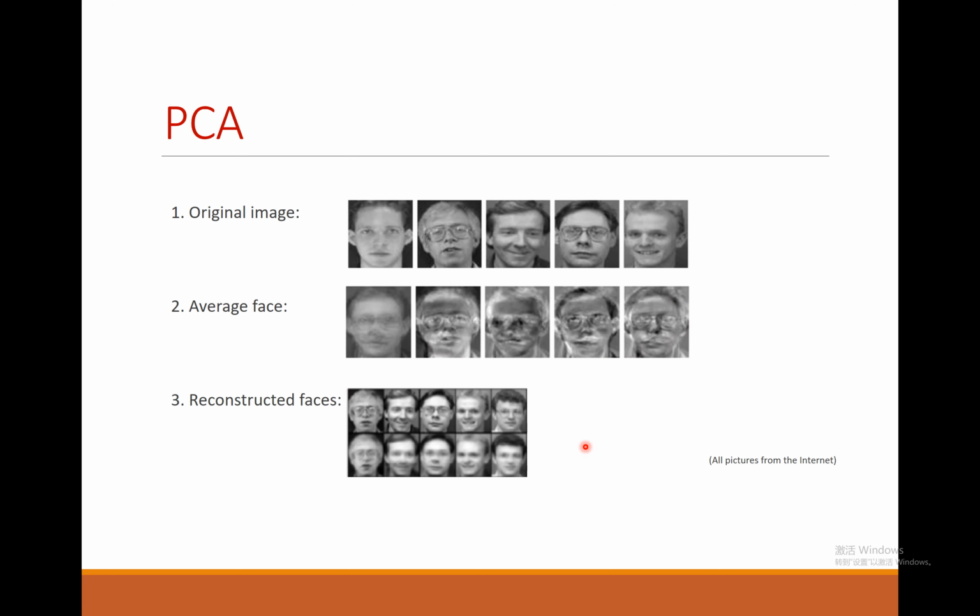After that, we project the input image into the eigenface space. We can see that the projected image preserves the major information from the input image, but it also loses some detailed information. But that is not important to the classification.